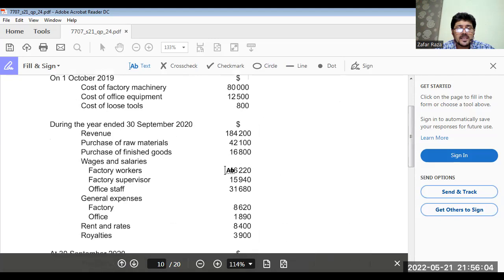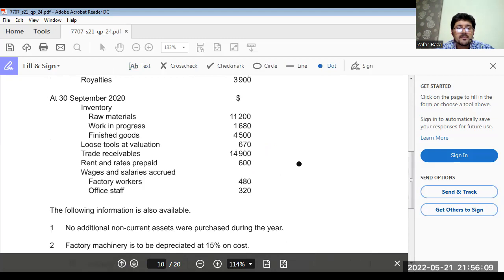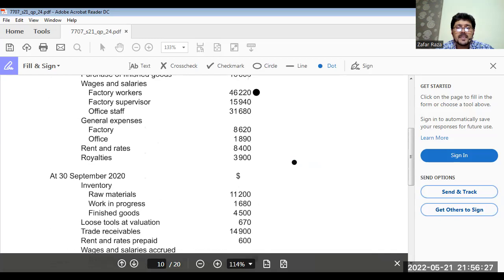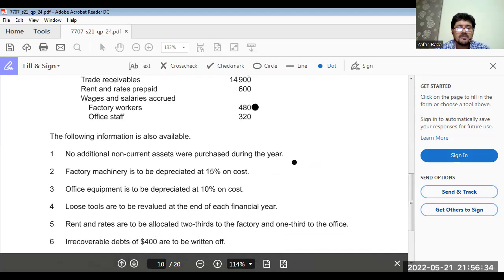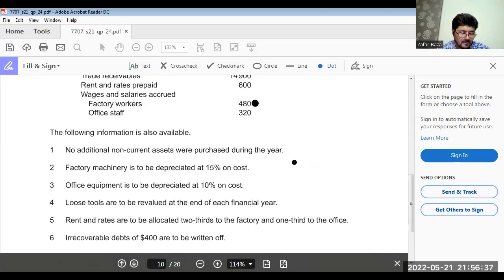This is the service of factory workers, 46,220. And wages of factory workers accrued 480. We have to add that accrued factory wages 480 and we'll get the correct amount. Getting my point clear? These two items should be added: 46,220 plus accrued 480. So direct labor is 46,700.